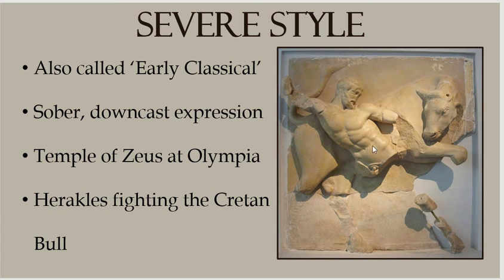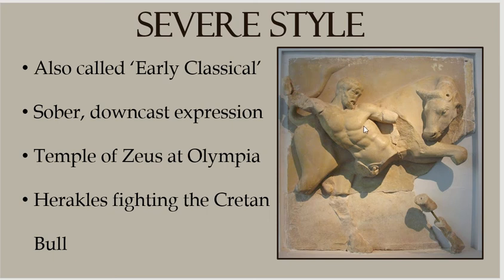So the Temple of Zeus at Olympia is full of examples of this style, specifically Hercules fighting the Cretan bull, as you can see here, with his broad and powerful, kind of square-like torso, and his figure is kind of diagonally crossing with the bull's figure to make the bull appear larger as he takes up the entire metope.